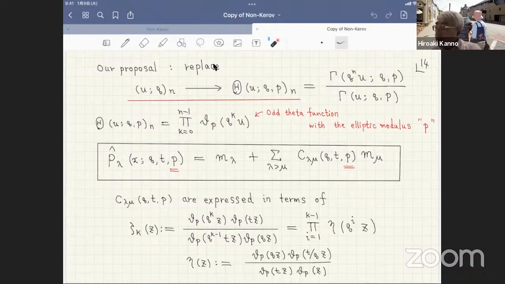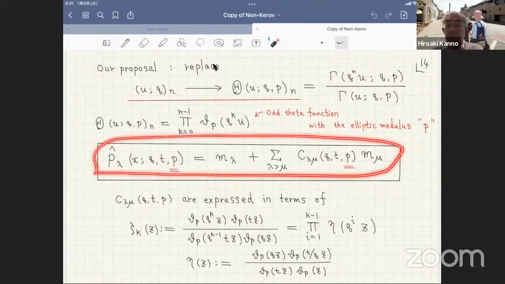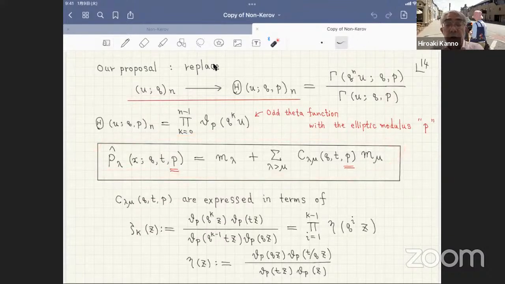So after this replacement, the triangular property is preserved. Actually, we can check after deformation, we have this kind of triangular deformation, and the only change is this coefficient. I mean, this property is kept intact. Only the coefficient changes.